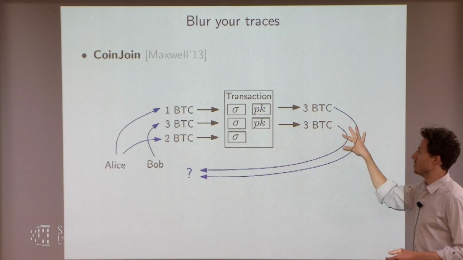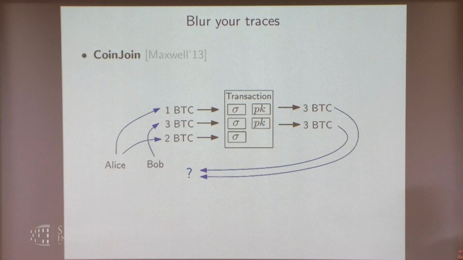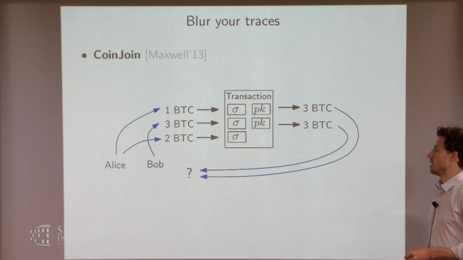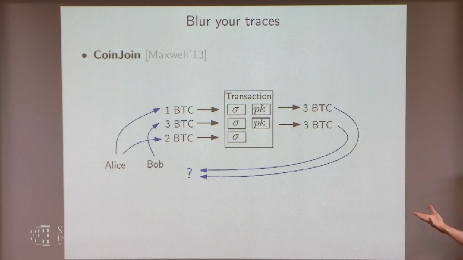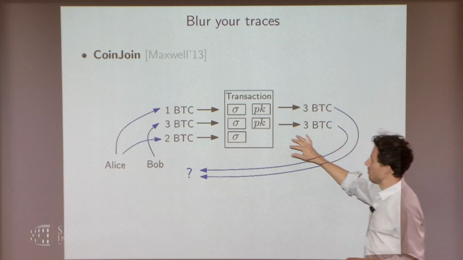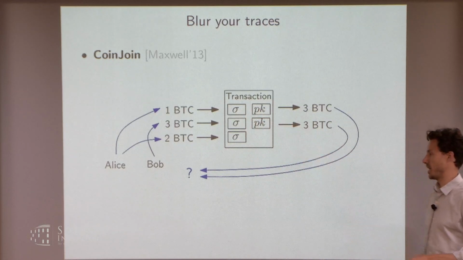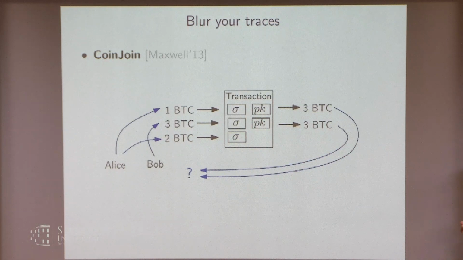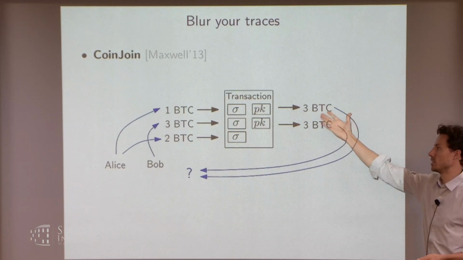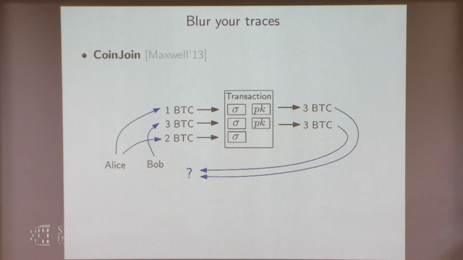They create 2 new outputs, 2 new coins with new public keys, and then no one can associate who owns which coin. The nice thing is that because they need to provide their signatures on this transaction, no one can cheat the other, because you would only sign a transaction which gives you back your money.